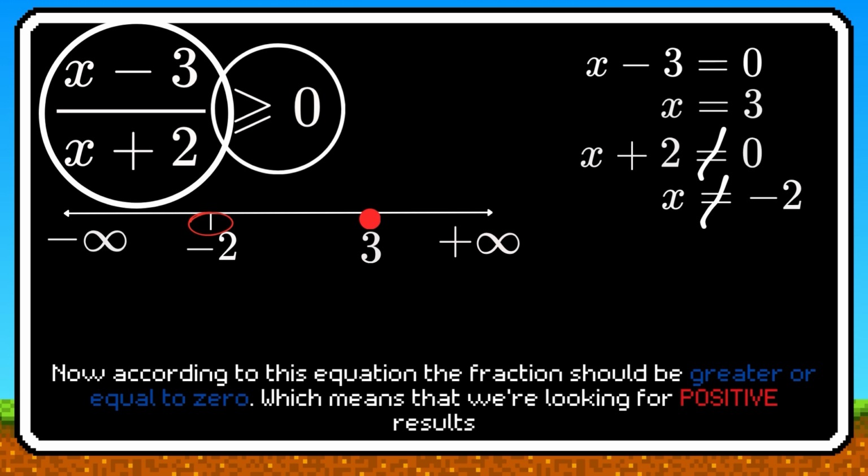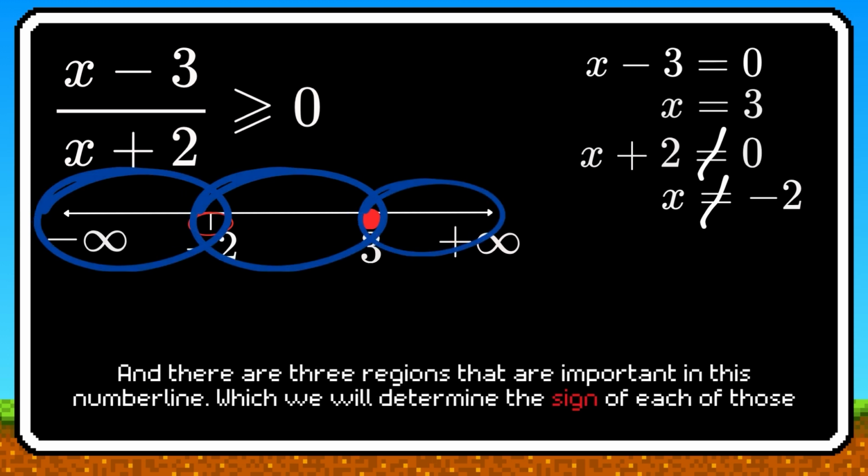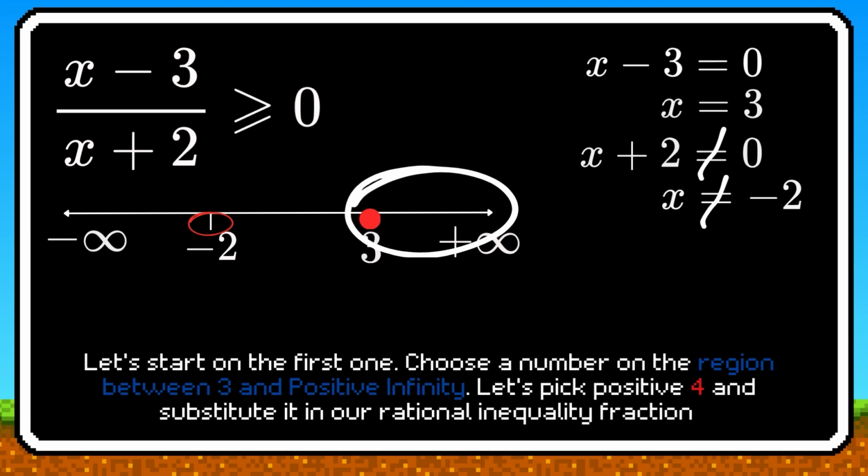Now, according to this inequality, the fraction should be greater than or equal to 0, which means that we're looking for positive results. There are 3 regions that are important on this number line, and we will determine the sign of each of those. Let's start with the first one.